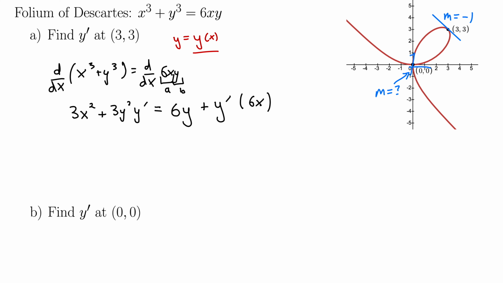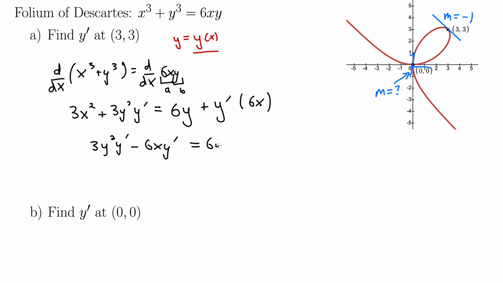And if you really don't want to think too hard about it, a very pragmatic approach: this is the derivative with respect to x. Y does not match x, so we tack on the y prime when we take the derivative. Okay, it's all algebra from here on out. We need to get this y prime by itself, so I'll get everything with y prime in it on one side of the equation. 3y squared y prime minus 6x y prime, and everything else on the other side.